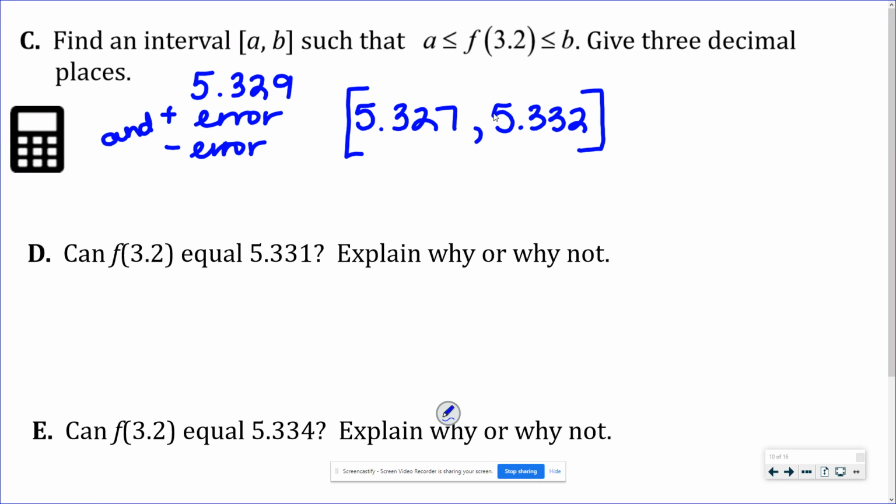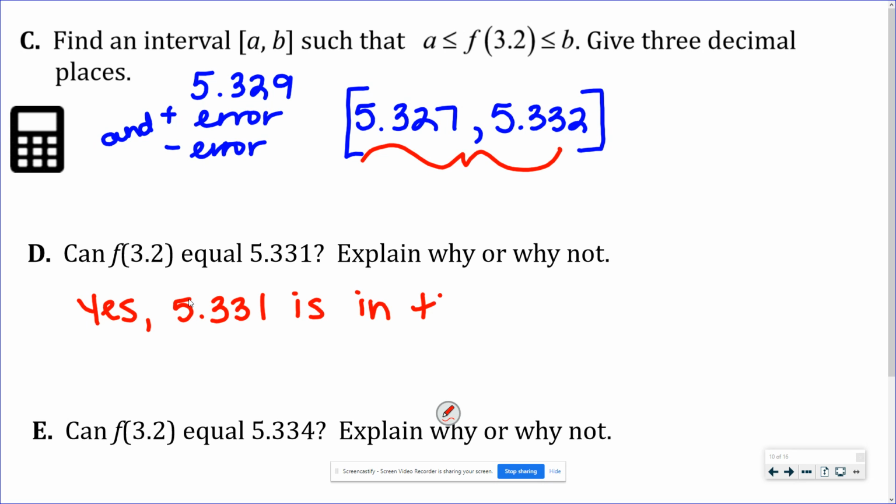D and E are going to require the use of answer C, in that we're asking if answers are possible or not. So could f of 3.2 equal 5.311? Well, f of 3.2 can equal anything in this interval, okay? So 5.311 is in the interval, so then yes, this could equal 5.311 because that number is in the interval.